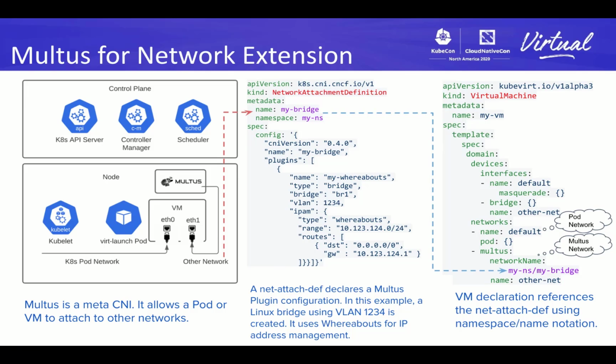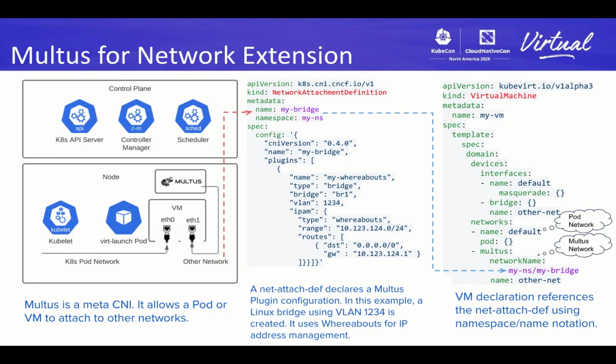By separating the two networks, the VMs can ensure that the traffic from each network will not interfere with the other. For such a configuration, we first define a network attachments definition that describes how the network interface is constructed and how IP management is done.